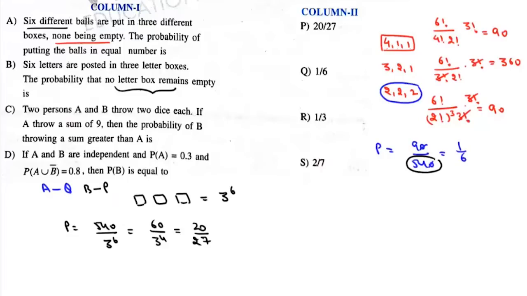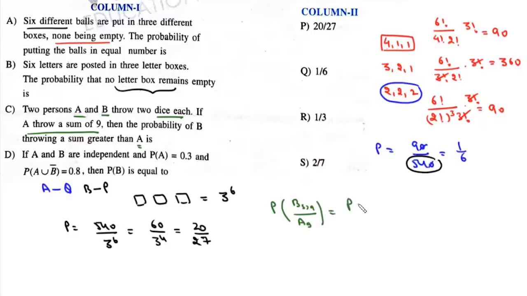Now in the third one it says 2 persons A and B throw 2 dice each. If A throws a sum of 9, then the probability of B throwing a sum greater than A is. Now we need to find this conditional probability that B throws a sum greater than 9 if A has scored 9.